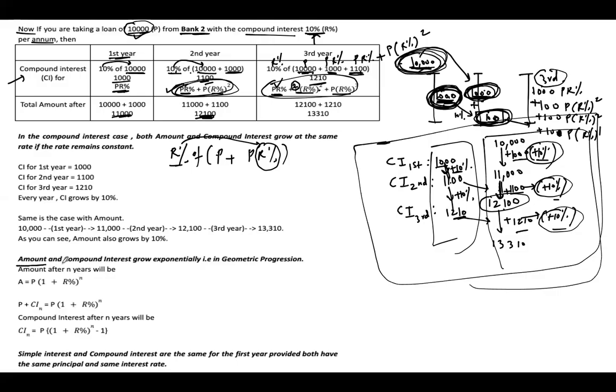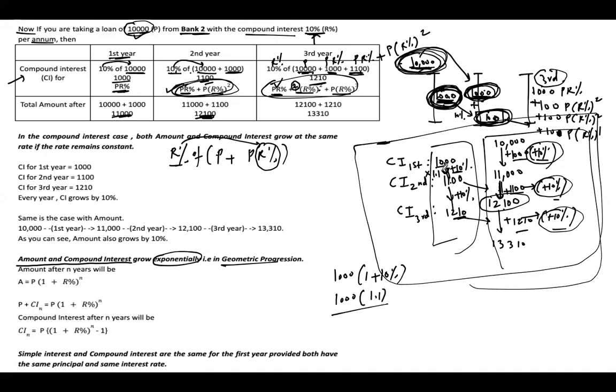So we can say amount and compound interest grow exponentially. This is geometric progression. What is happening? This 10% increase. What does a 10% increase mean? That we need to multiply this value. Let's say 1000 times (1 plus 10%), which is 1000 into 1.1.